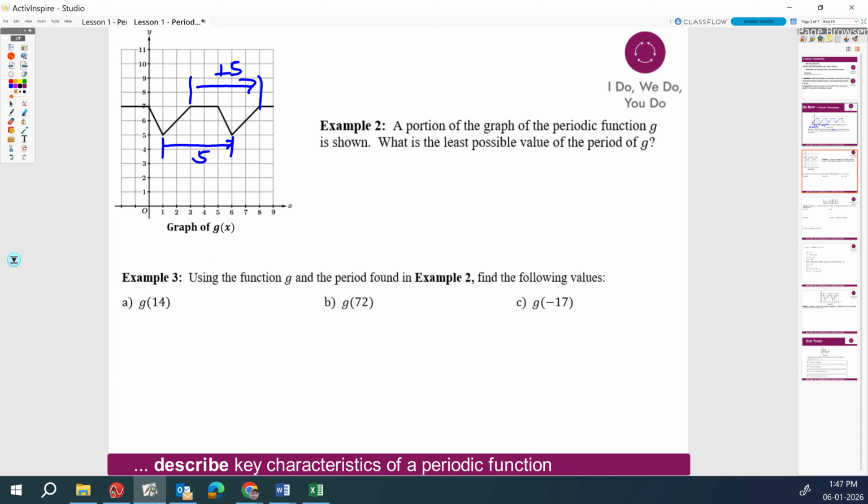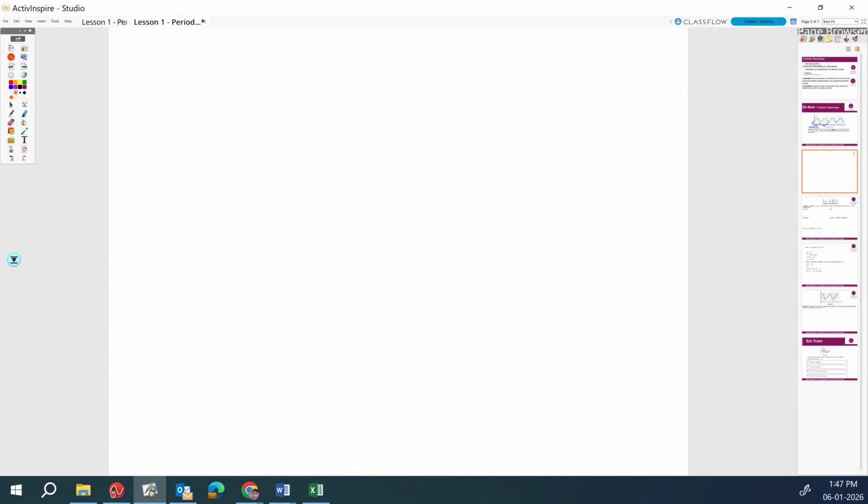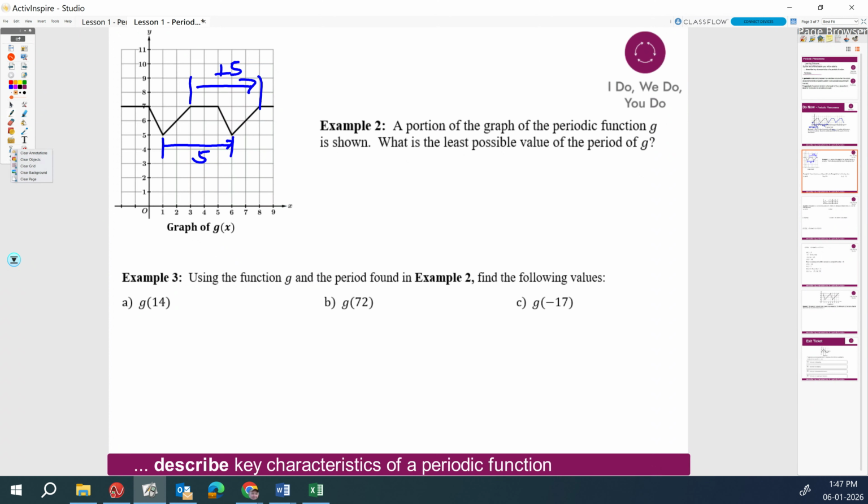So using the example given in number 2, we need to evaluate it now. So we're going to try now and evaluate the function. So our period is equal to 5.